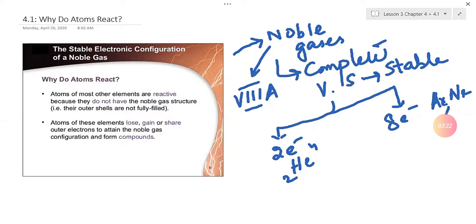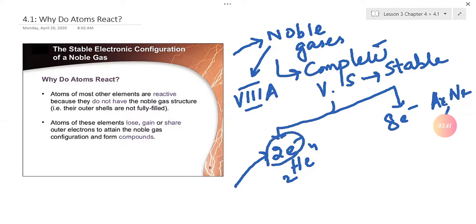If an element tries to attain noble gas electronic configuration just like helium, that is of 2 electrons in the outermost shell, then that element is said to be following the duplet rule.